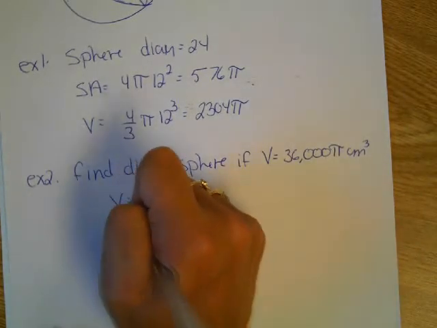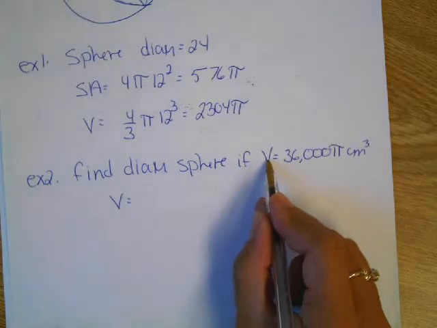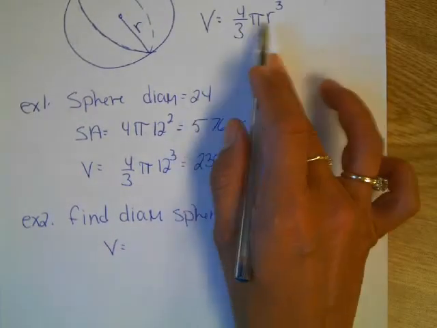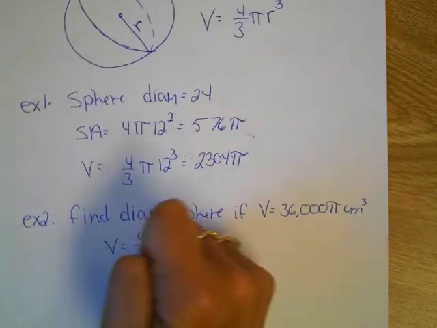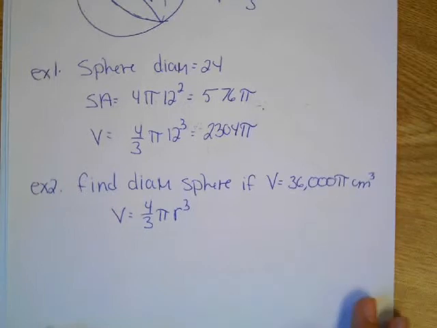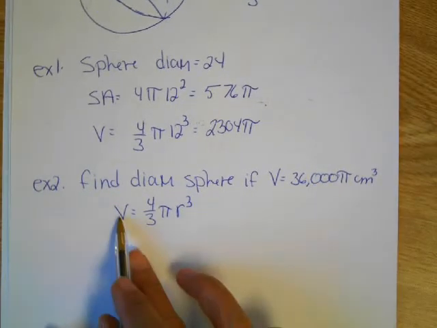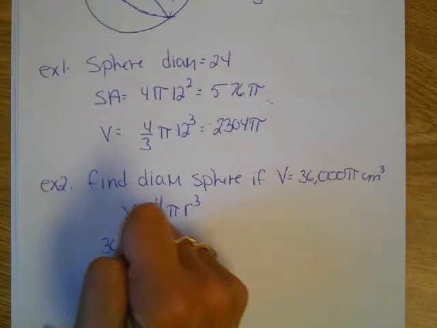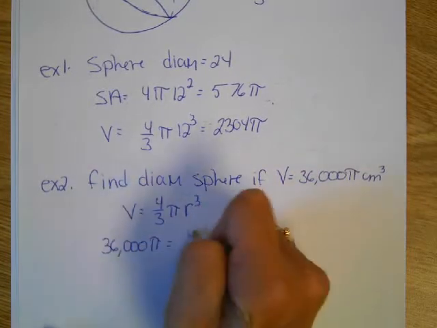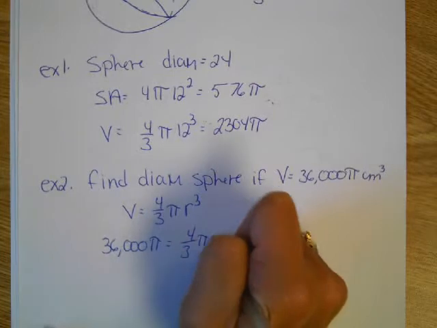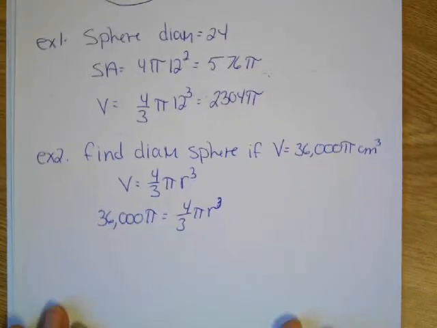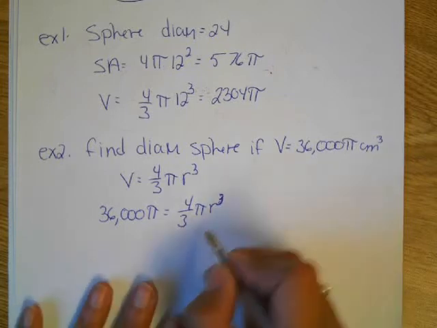So formula first, and we've got volume, so I want the 4/3 pi r cubed. So our volume gets substituted in, 36,000 pi equals 4/3 pi r cubed. Okay, so working backwards, we divide by pi.